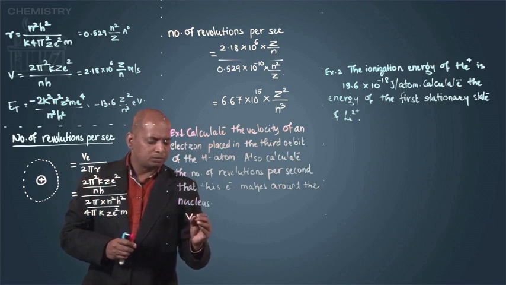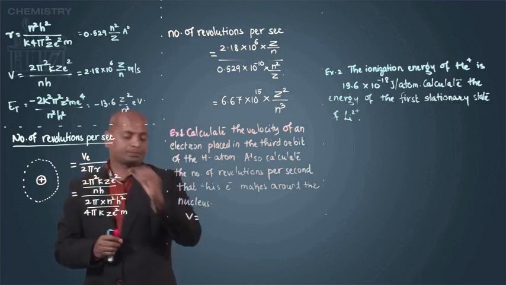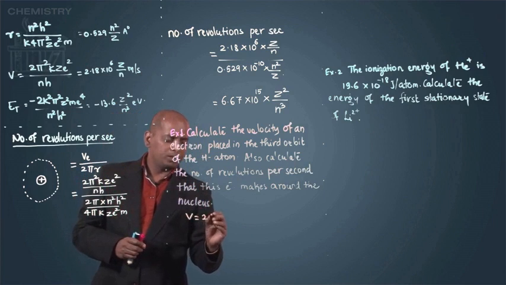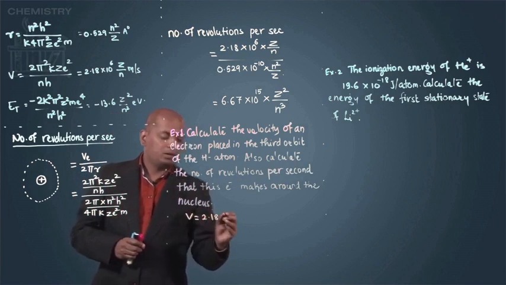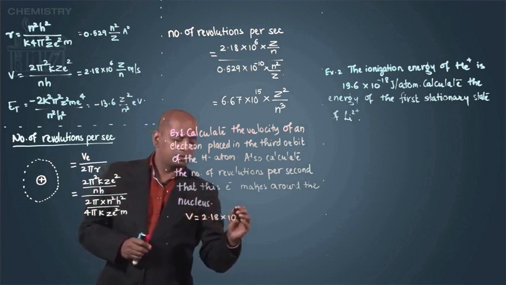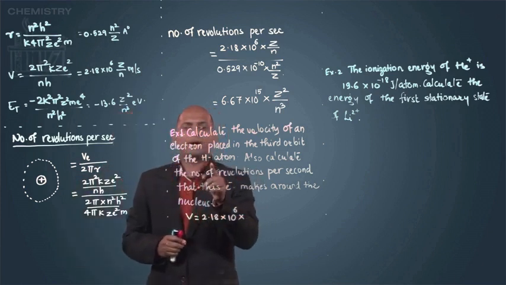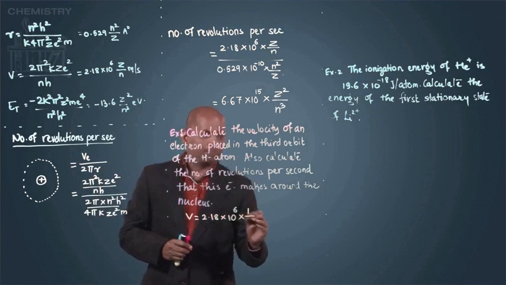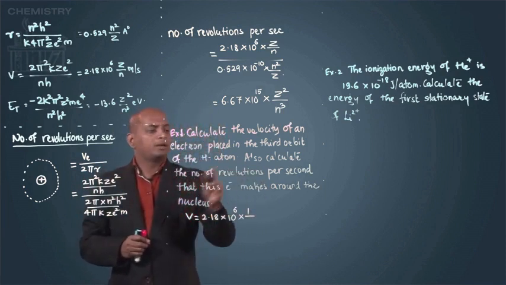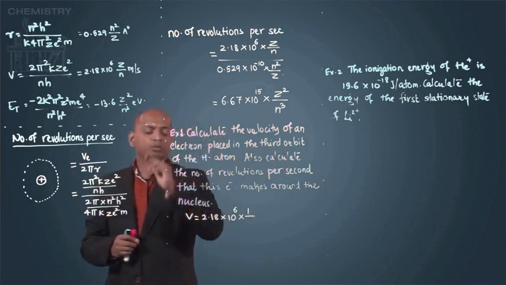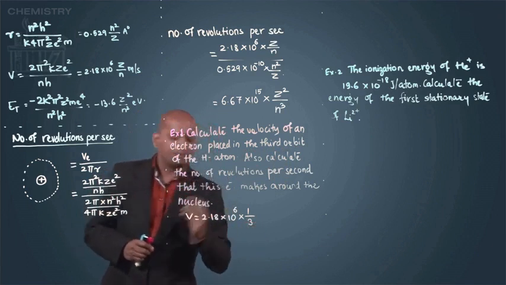Velocity is equal to, so directly I am taking this one, 2.18 into 10 raised to 6 multiplied by Z. They are talking about a hydrogen atom, so Z is 1. Placed in the third orbit, so n becomes 3.